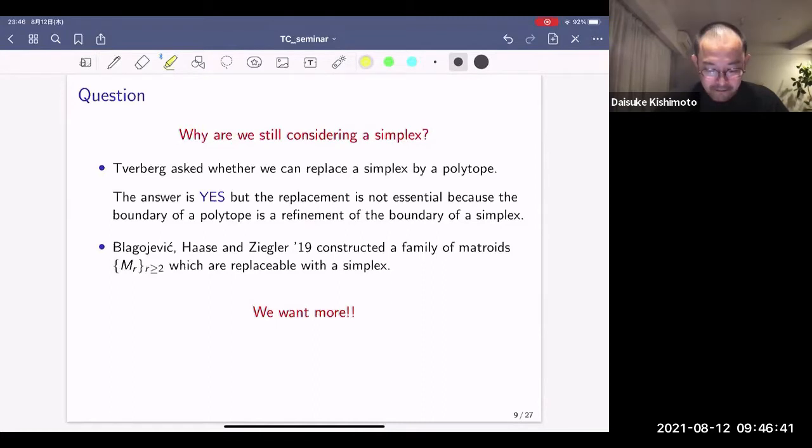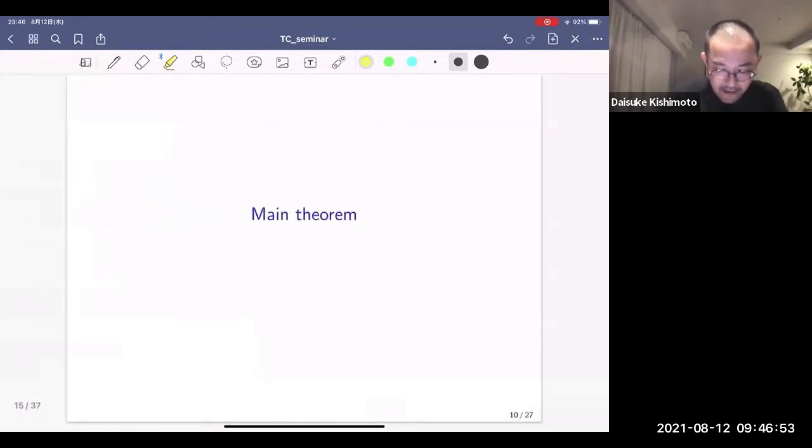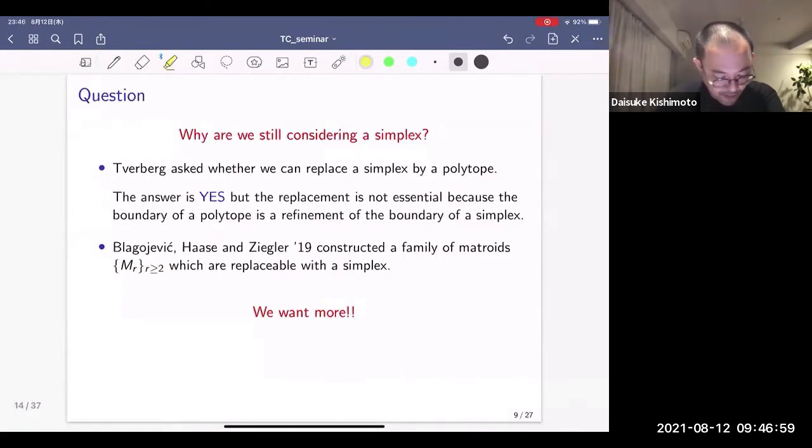So we want more examples. This is my motivation to study Tverberg's theorem. Right. Okay, so let me show you the main theorem, which is the answer to this question.